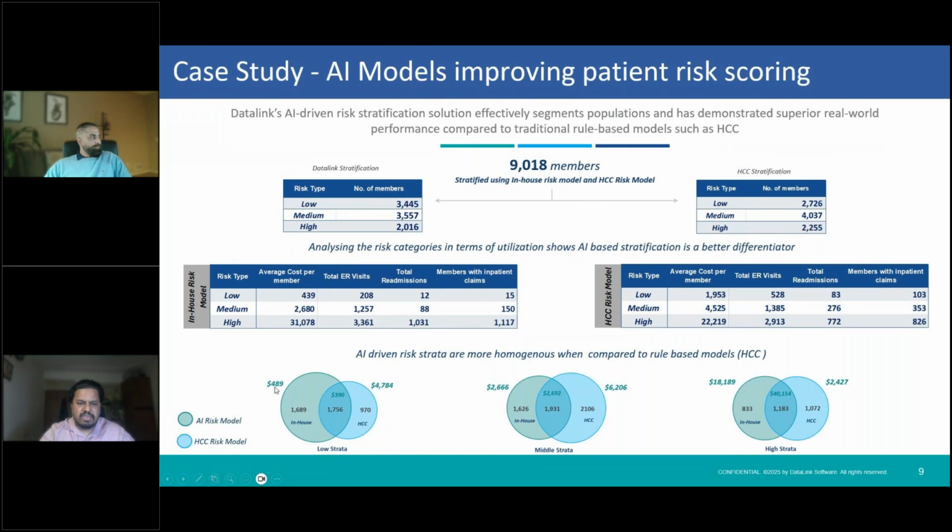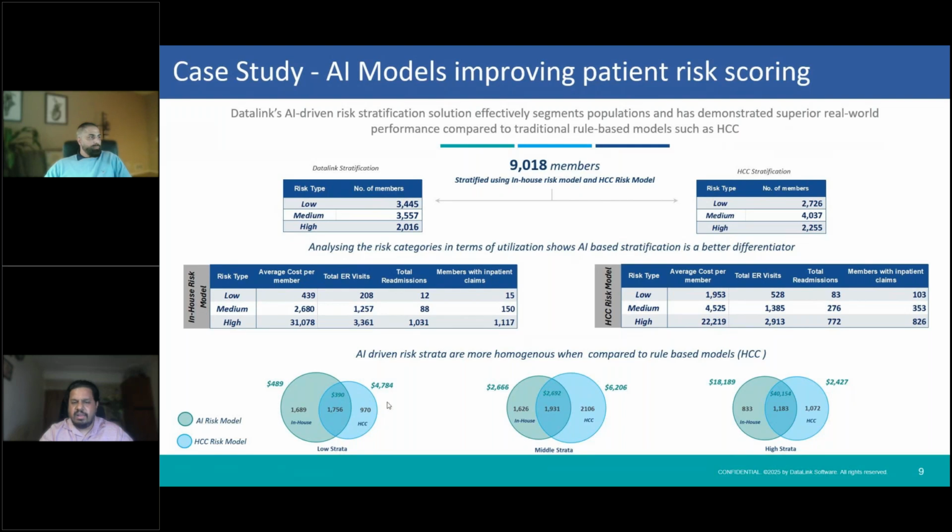Now consider the additional 1,689 members that the AI risk model put in the low category, and their average cost is around $489. So the homogeneity in the low strata created by the AI risk model is much higher than the homogeneity in the low strata created by the HCC model. And you can find similar insights in all the three Venn diagrams that we have shown here.